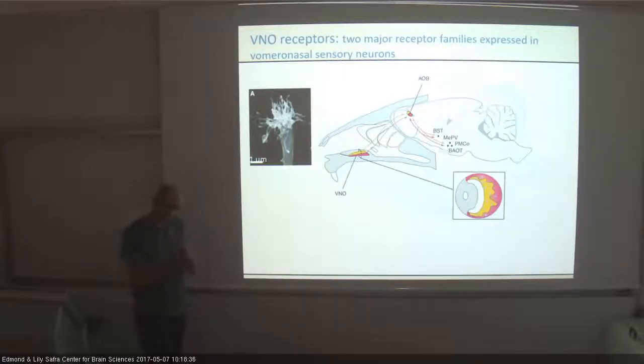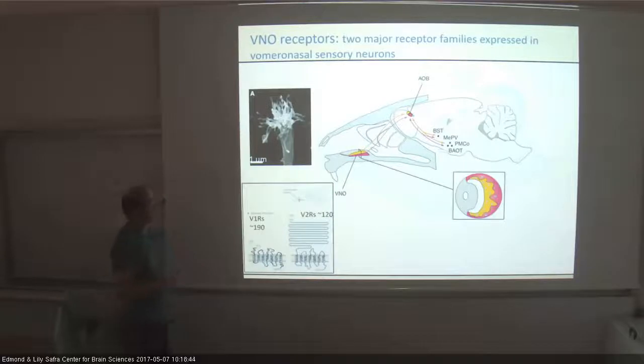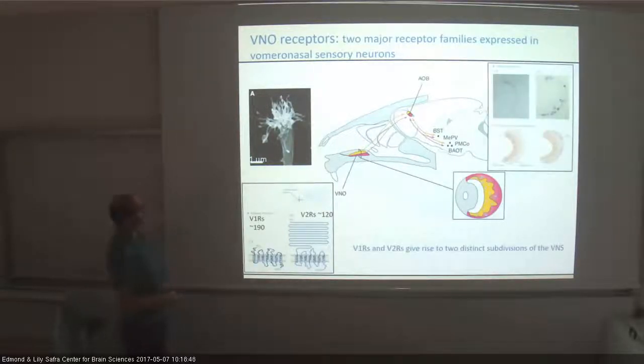So it's not just the ability of the sensory neurons, but also the physical properties of the stimulus itself that determine which system will be able to detect it. These are just the structure of the receptors, which I won't discuss, and this is just the fact that we have two different subdivisions.